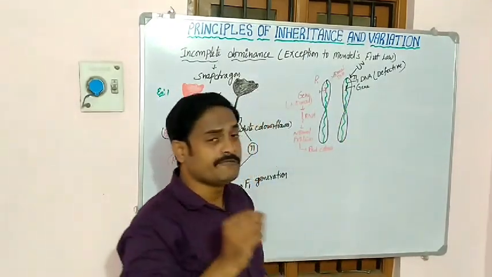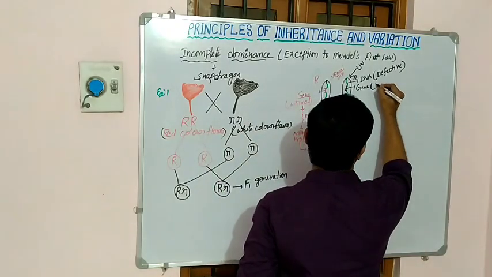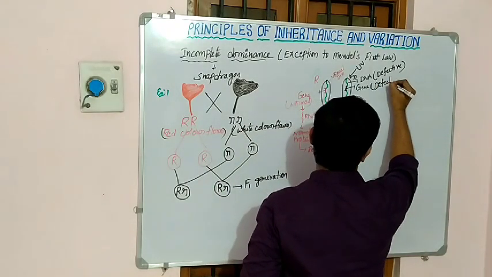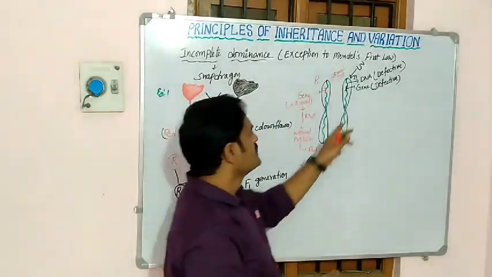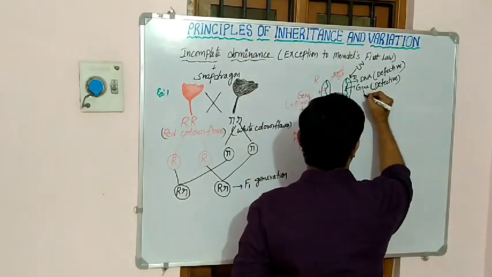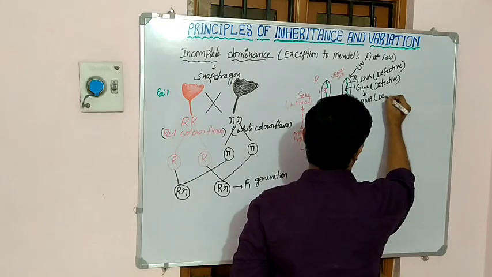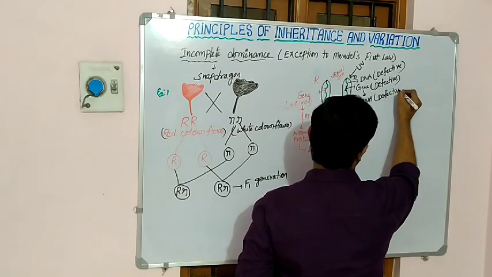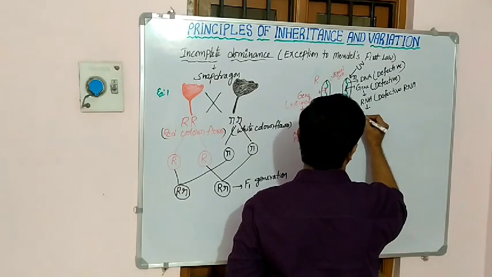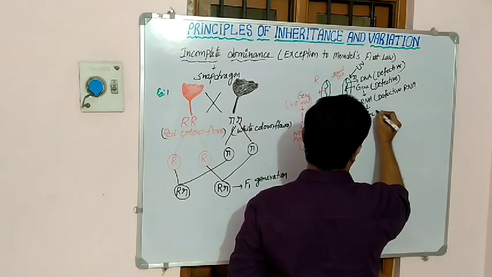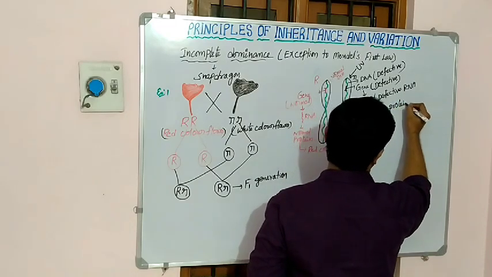Okay, then the defective DNA produces which type of gene here? A defective gene. Then the defective gene produces the defective RNA. Then the defective RNA produces the defective protein.